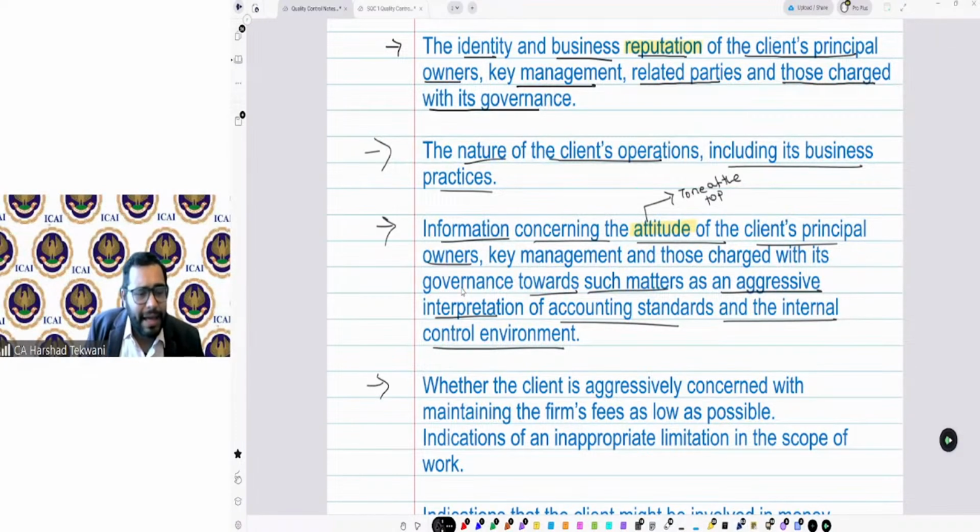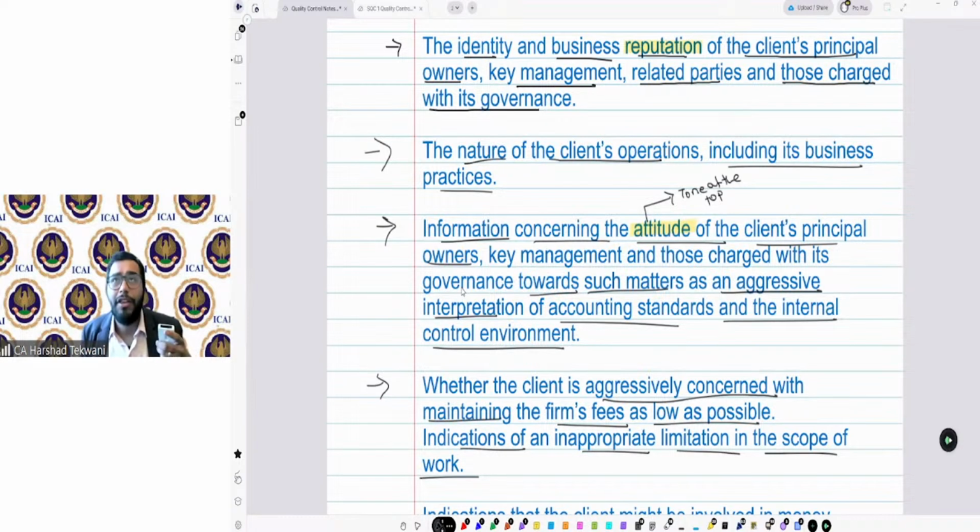Whether the client is aggressively concerned with maintaining firm's fee as low as possible. Okay, I'll not give you 10,000. I'll only give 6,000. Indications of an inappropriate limitation on the scope of work. Like, for example, you say, okay, we have this much work, we have this much work, and they say, no, don't do data, don't do creditors, charge me a less fee that I will see myself.